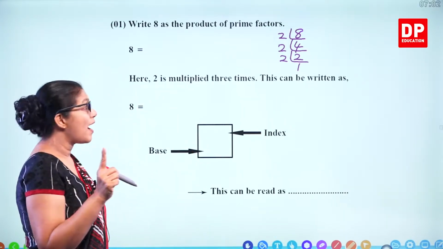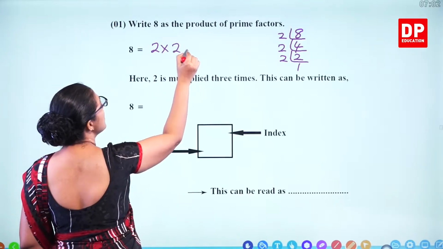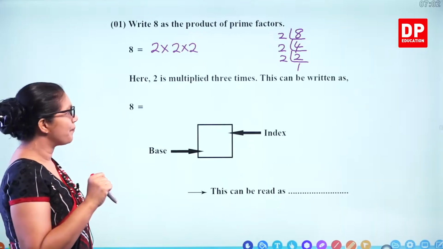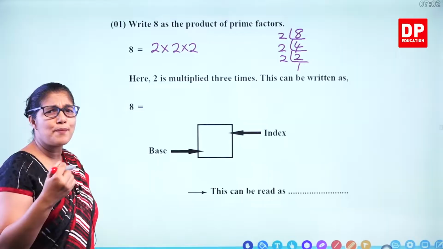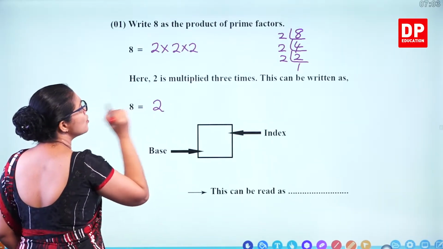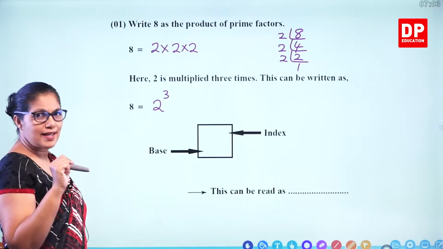So you can write 8 as 2 times 2 times 2, 2 three times. Instead of writing 2 times 2 times 2, we can write this as 2 to the power of 3.